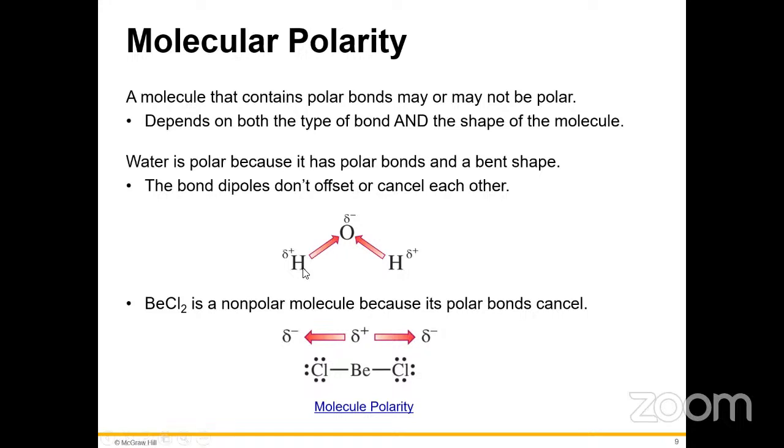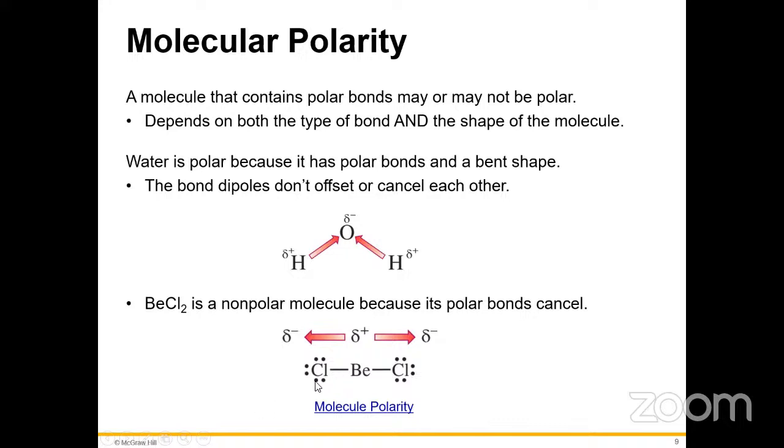So here's an example. In the case of the water molecule, we know that it's bent or V-shaped, as you can see here, and the direction of this dipole is in that direction between this hydrogen and this oxygen, and this is the dipole in the case of this bond. And as you can see, they do not cancel out each other exactly. So because they do not cancel out each other, we say that the water molecule is polar. Now, that is different from beryllium chloride, as you can see here. In this particular case, the molecule is linear, right?